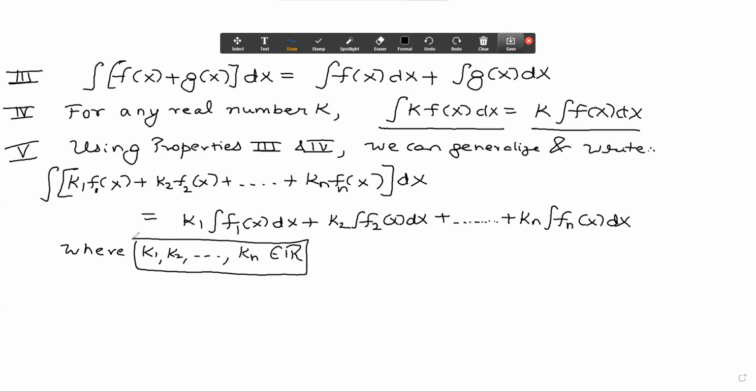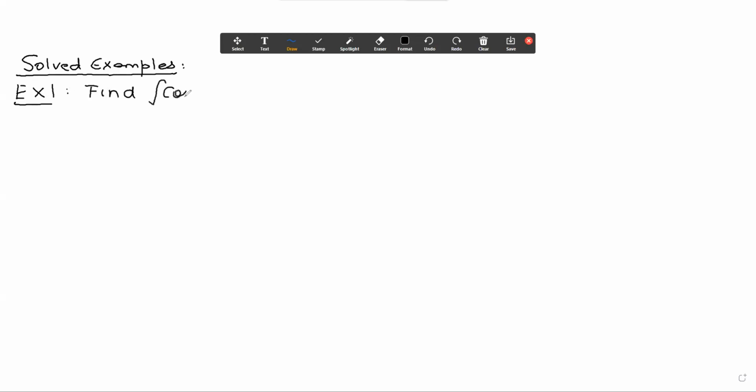Okay, now let us do some examples of this. So solved examples. Let's look at example 1. Find integral of cos 2x dx.